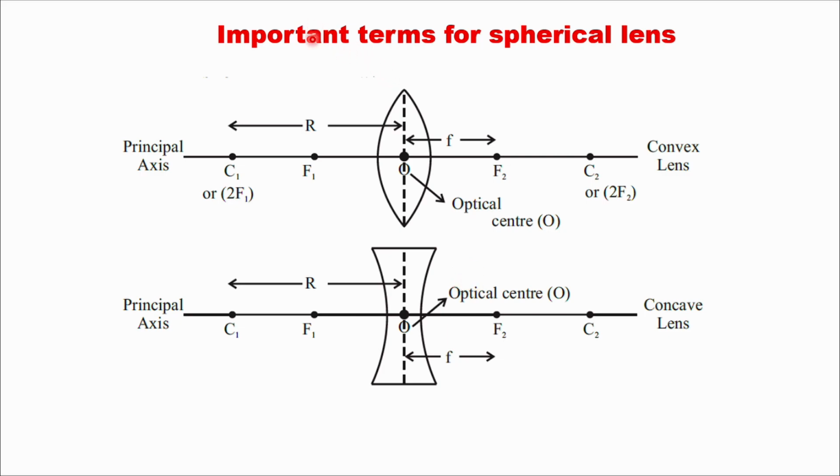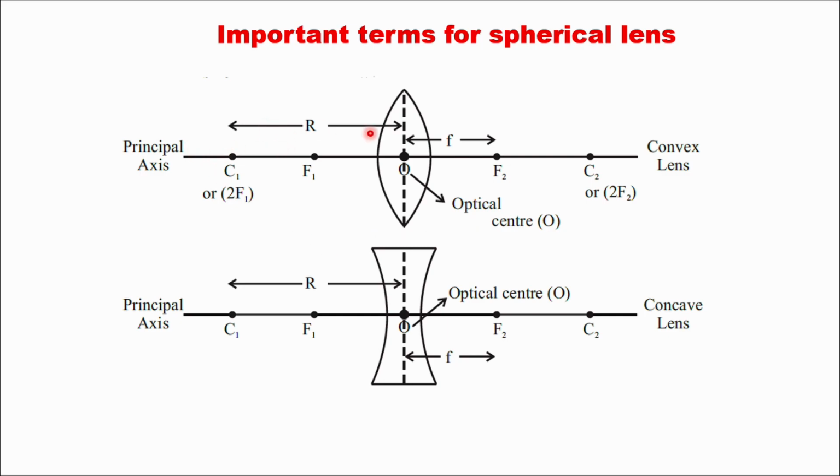The terms are very similar to the spherical mirror, but the difference is that the spherical mirror has only one center of curvature and one principal focus, whereas here there are two centers of curvature C1, C2 and principal foci F1 and F2. Why? Because here the lens has two bounding surfaces. Because of that, it has two centers and two foci.